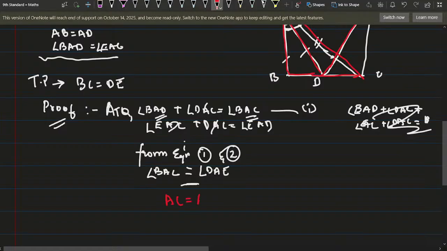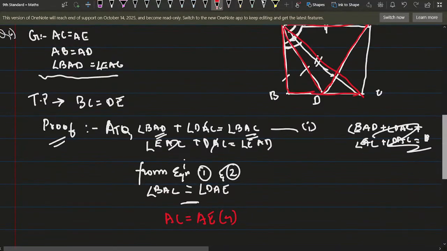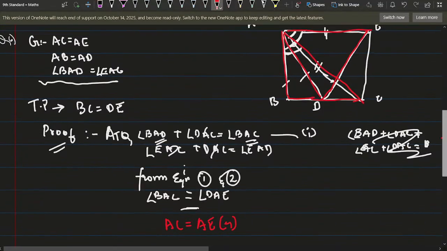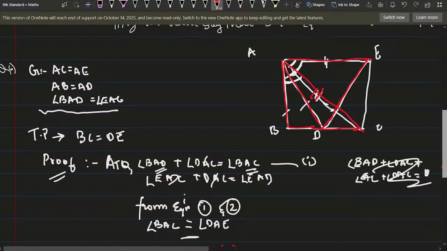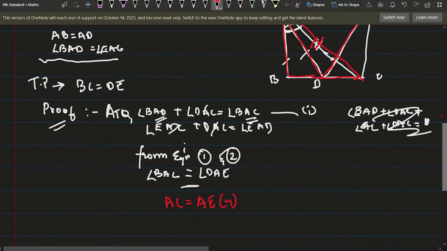AC is equal to AE, given, which means side AC is which side? AC is equal to AE. Then angle BAC, the thing we proved, is equal to angle EAD or DAE.